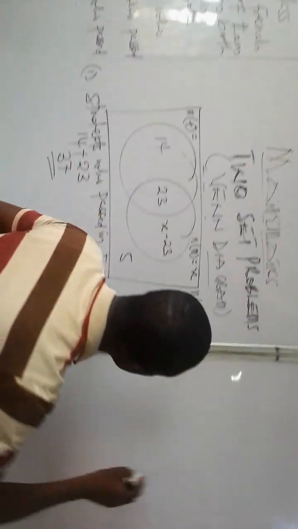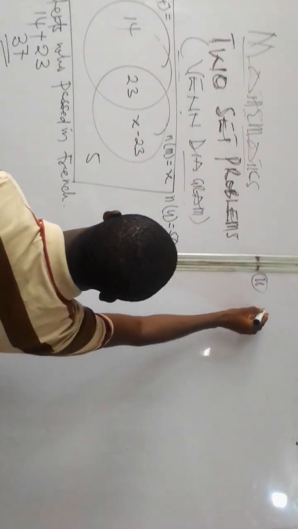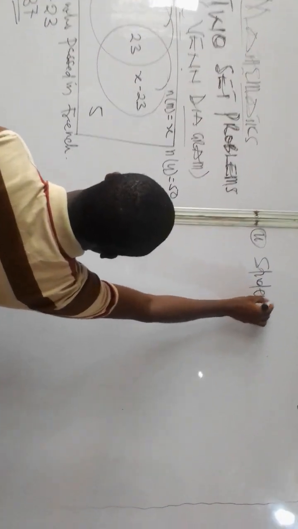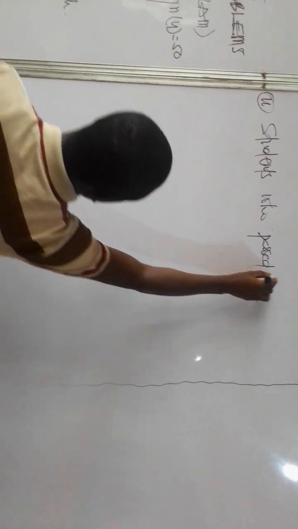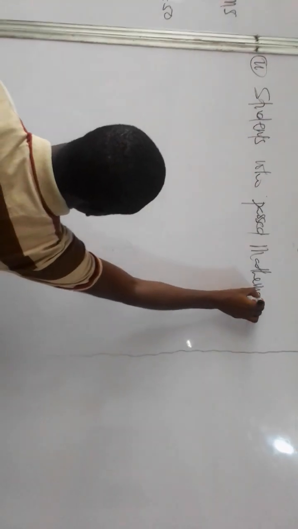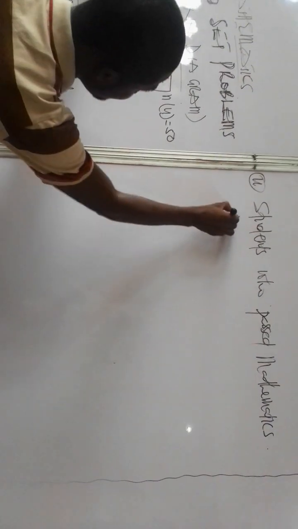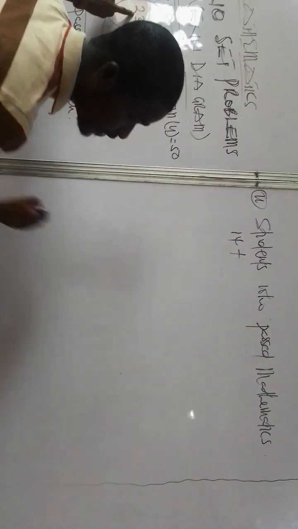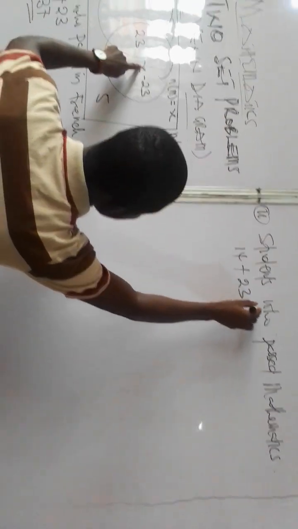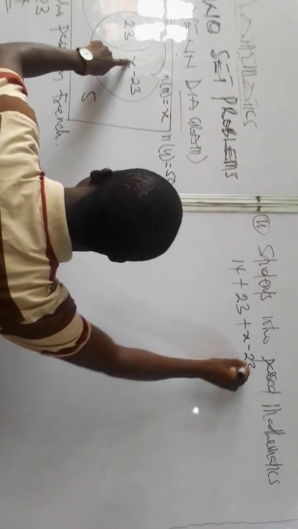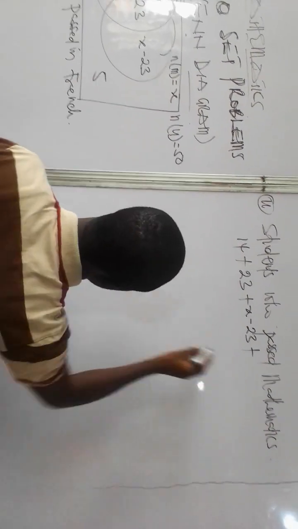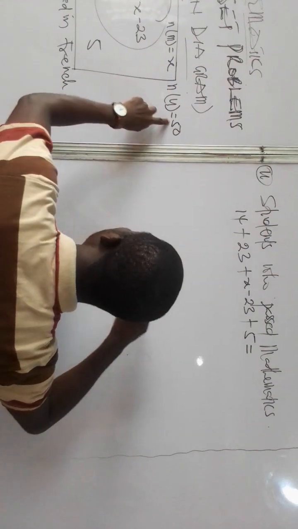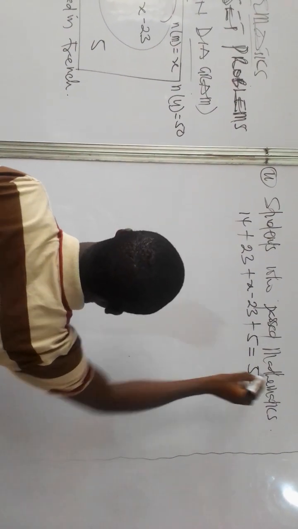Now, to find the students who passed mathematics, we are going to have 14 plus 23 plus X minus 23 plus the 5, those who did not pass any of the subjects, equal to the universal set, 50.